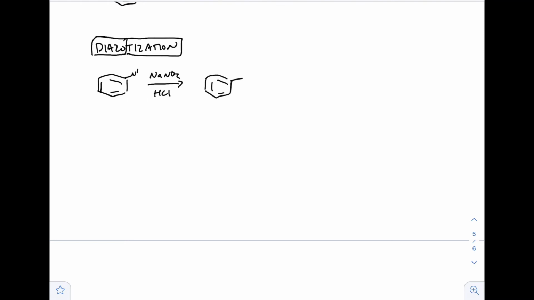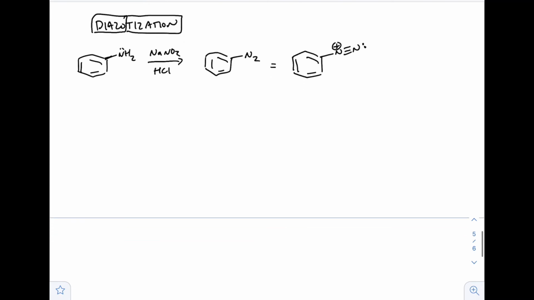And you hit aniline with NaNO2, right? Aniline, when reacted with sodium nitrite and HCl, forms an N2 group on that benzene ring. Now, that looks like an N-N triple bond with a positive charge on that nitrogen.